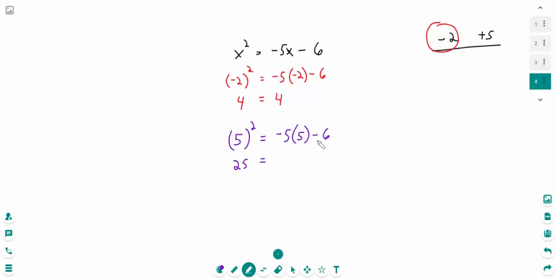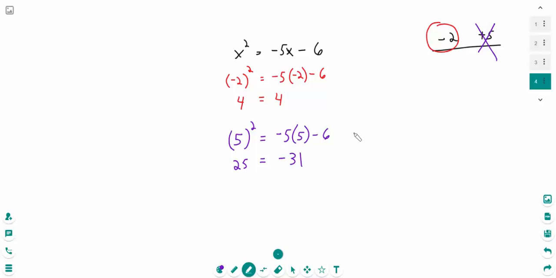Negative 25 and a minus 6 is going to be a negative 31. So this does not equal each other. So this would not be a true equation. And therefore, we can say positive 5 is not a solution. Okay, so negative 2 is, positive 5 is not.